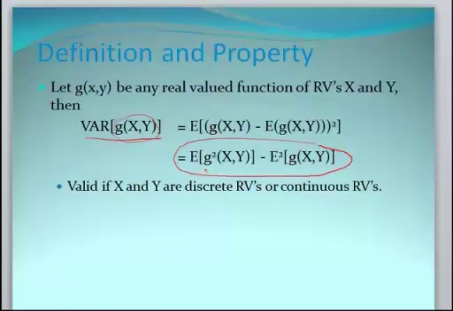This is pretty much along the lines of what we saw earlier, where we could calculate the variance of some x by going like this. This is essentially the same formula, but now made for a function of two variables.